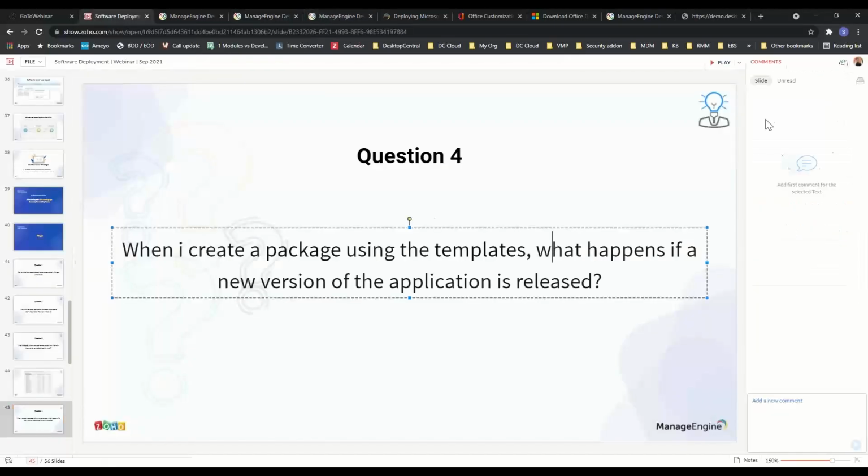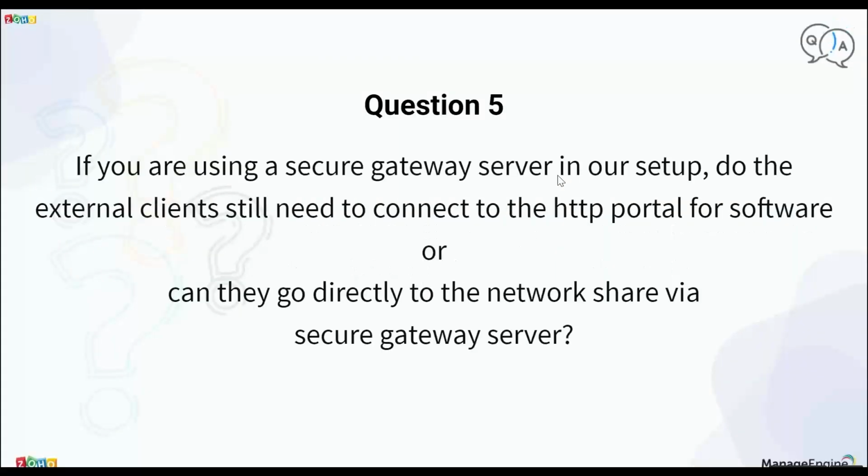So moving on, if you're using a secure gateway server in our setup, do the external clients still need to connect to the HTTP portal for software, or can they directly go to the network share via the secure gateway server?